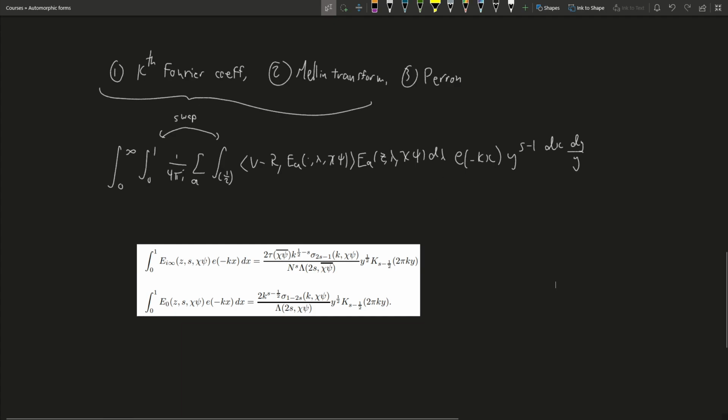So doing that, and then taking this Mellin transform in s. So again, in fact, what you want to do is not maybe swap these two, but take this and move it all the way out.